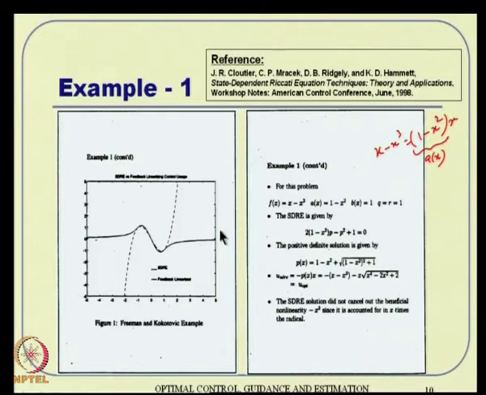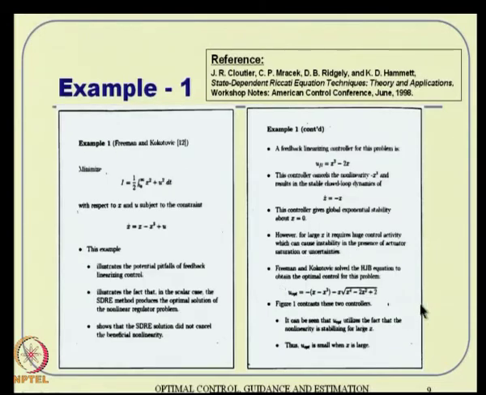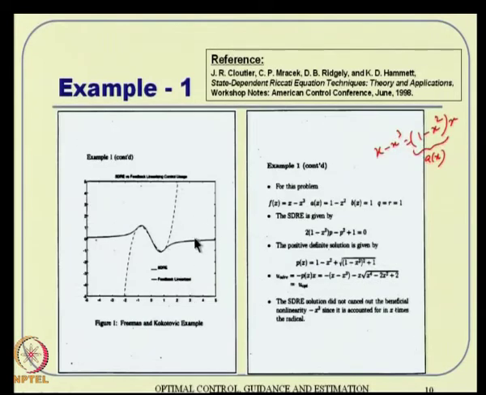Anyway, so these are the two solutions available. One is the optimal control solution, the other one is the feedback linearizing solution or dynamic inversion solution. So, if you plot it in a state space sort of thing, this is actually control versus x. Okay. So, what you really want is some regulation about the 0 point, this point actually.